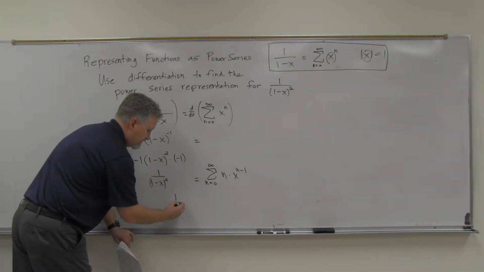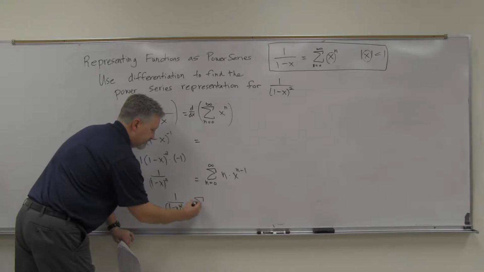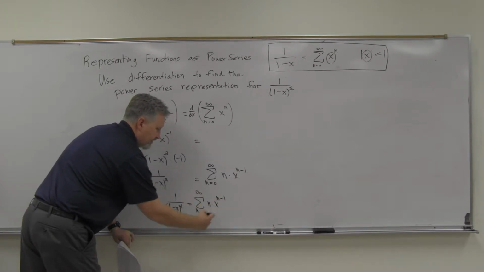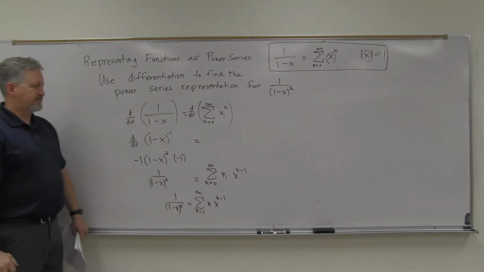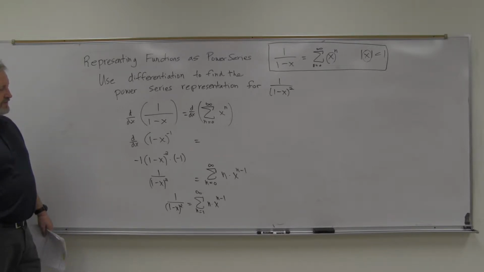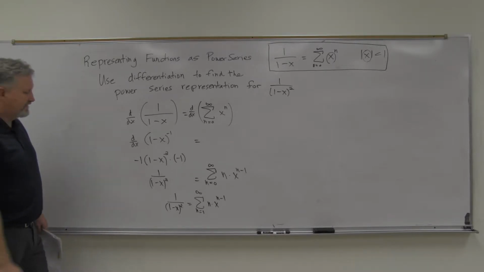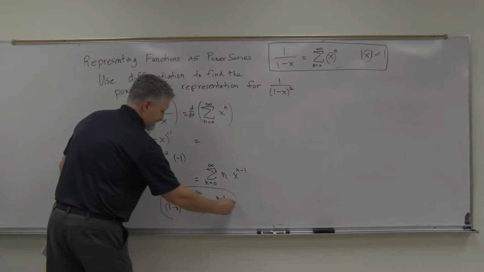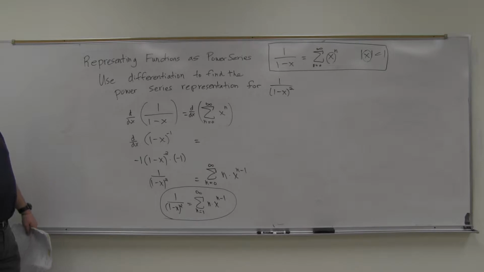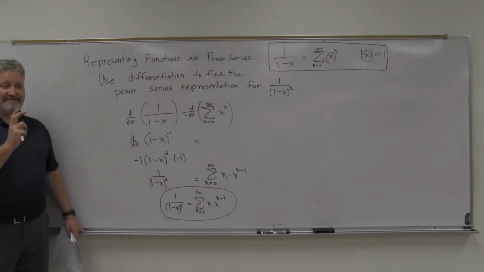There are other things we could do to that, but you don't really need to include the 0 term if you leave it in that power. Anyway, okay. So that was the most basic one.